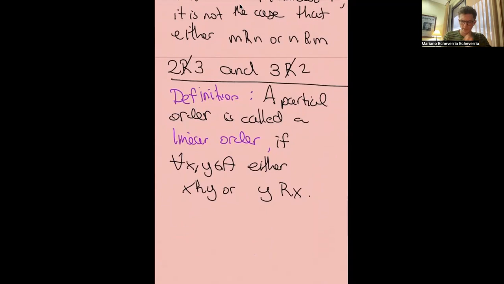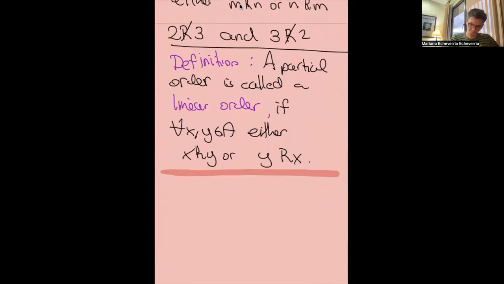Is that making sense? Just to give you an idea of why this is not what happens with the integers, you can try to do some sort of diagram for this ordering.